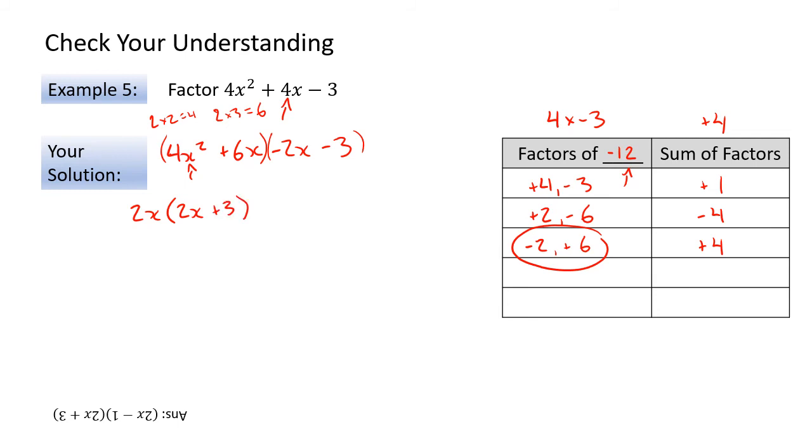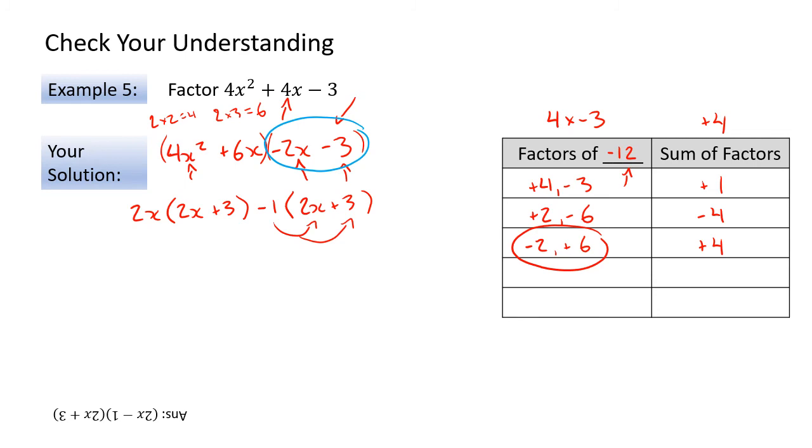And that looks awfully close to what we have in the second term, except for the negative. But remember, you can also factor out something like a negative 1. And if we do that, we'd have minus 1. And if we factor a negative 1 out of both these terms then become positive. So we'd have 2x plus 3. Okay? Because if you multiplied that negative 1 into each of these, remember, when you were multiplying them out, you would end up with the exact same expression as you have here.